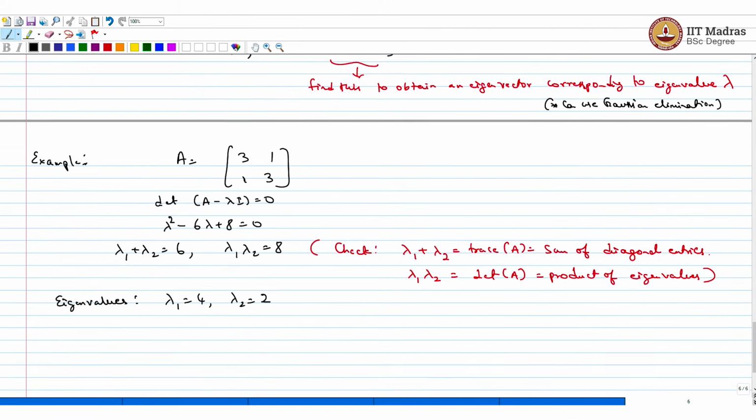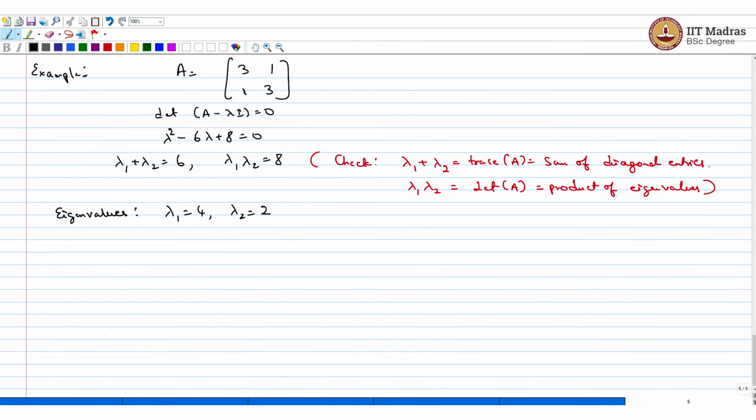Now I need to find the eigenvectors. I will look at A minus 4I, and that turns out to be, subtracting 4 from the diagonal, [-1 1; 1 -1]. I want to multiply this with a vector such that the result is 0.